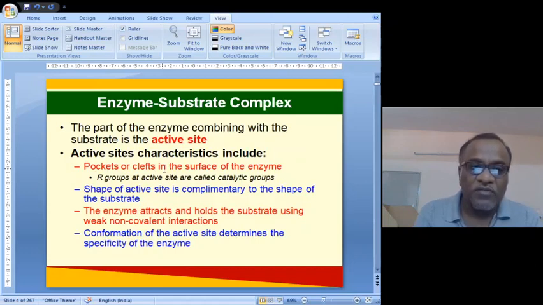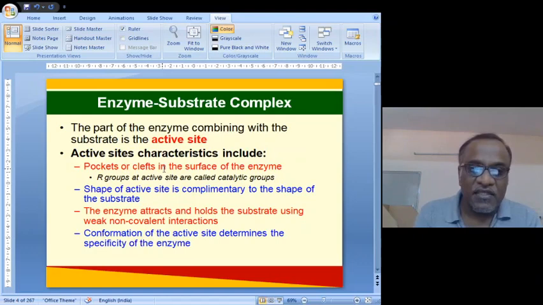The R groups at the active site are referred to as catalytic groups, and the shape of the active site is complementary to the shape of the substrate. The enzyme attracts and holds the substrate using non-covalent weak interactions, and the conformation of the active site determines the specificity of the enzyme. So these are some of the important characteristic features of the active site.